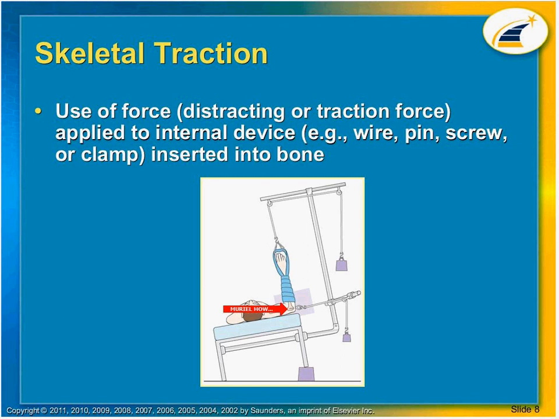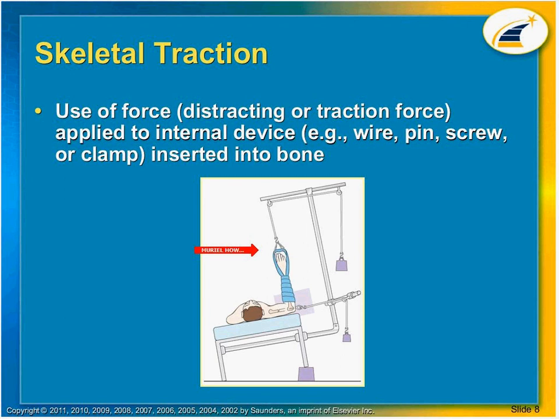So there are skeletal and skin. With skeletal traction, internal devices such as pins, screws, and wires are inserted directly into the bone through the skin. The protruding end is attached to traction devices that use weights and pulls. As you can see here, there's a weight there, there's a weight there, and then there's a pull here.